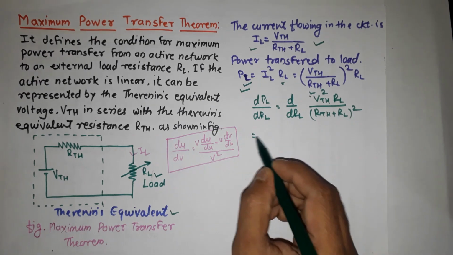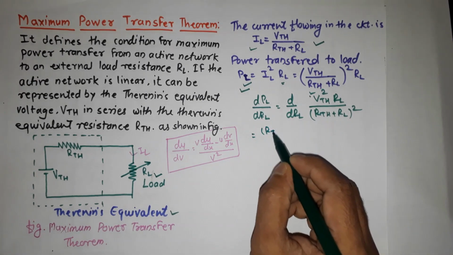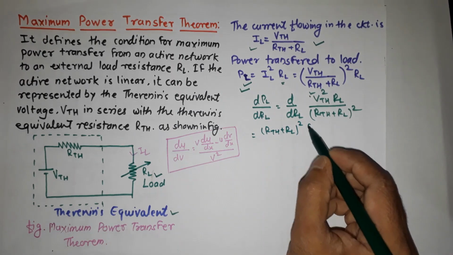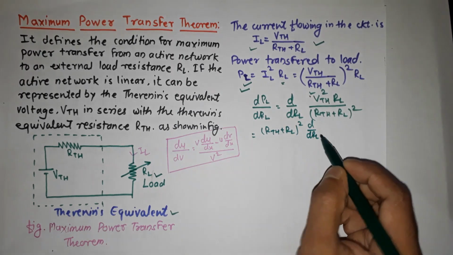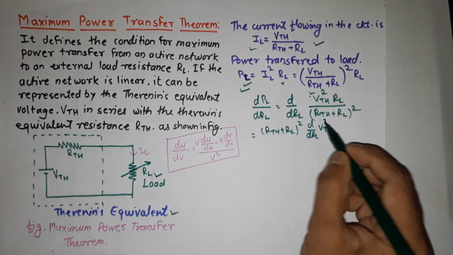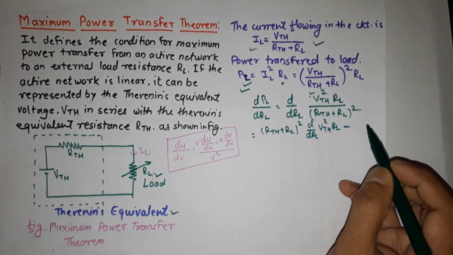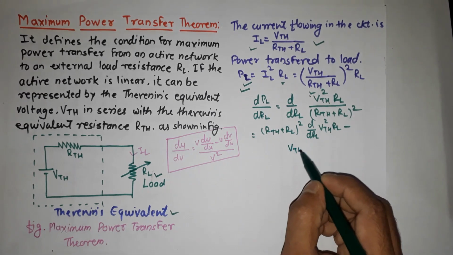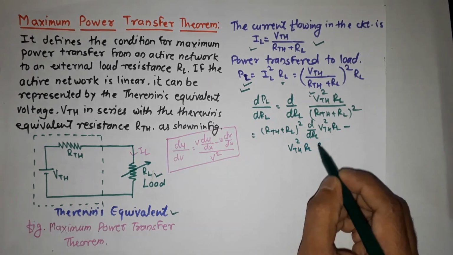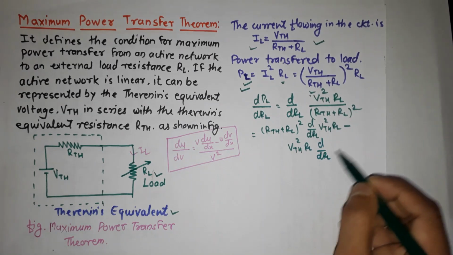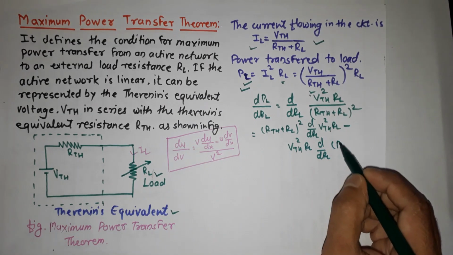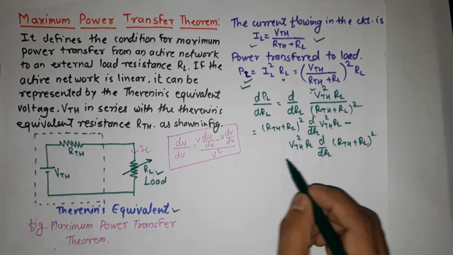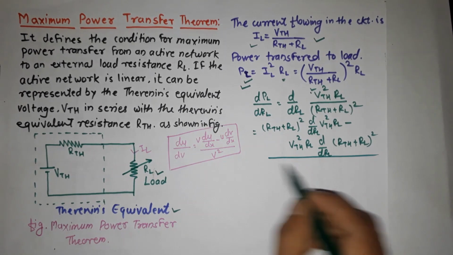So it is equal to RTH plus RL the whole square into the derivative d by dRL of VTH square into RL, minus U, that means VTH square into RL, into the derivative d by dRL of RTH plus RL the whole square, divided by V square.